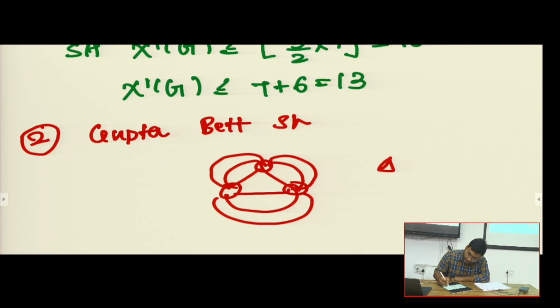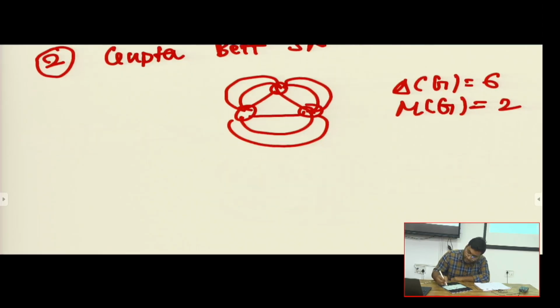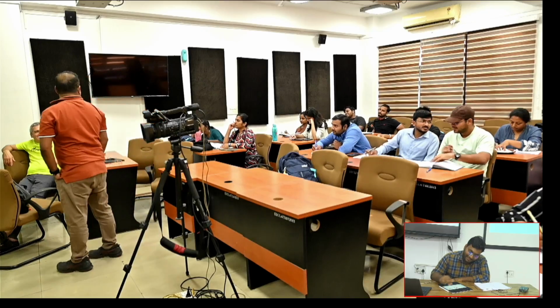My delta G would be 6 and mg is 3. Not the same, but this one is correct.